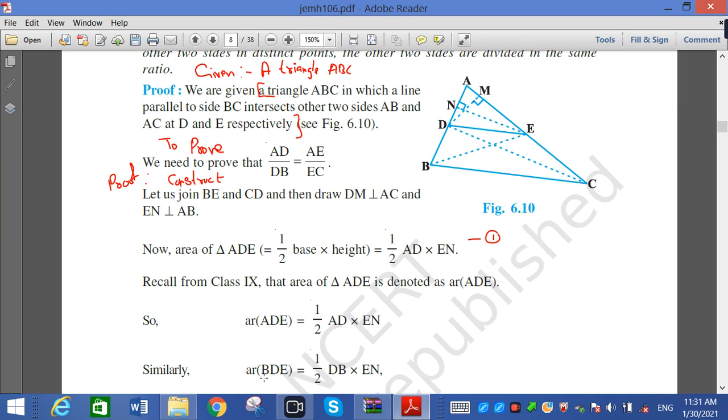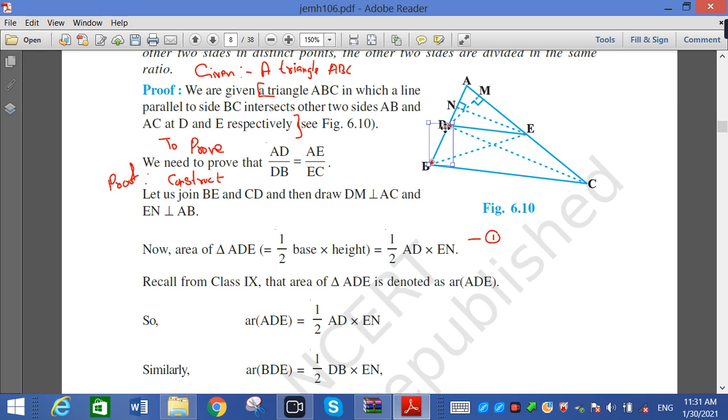Now if you see the area of BDE, if I want to find out the area of BDE, the base is BD, but the altitude is outside because it is an obtuse triangle. When it is an obtuse triangle, this altitude is outside. So half into BD into EN.